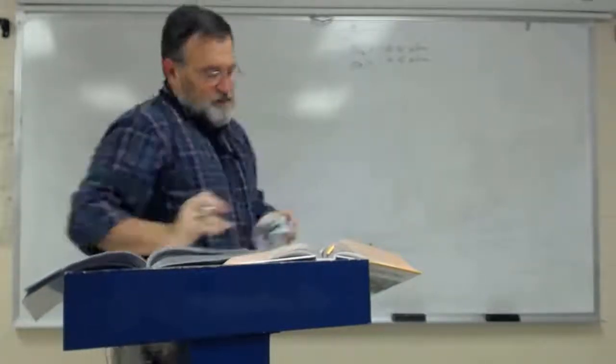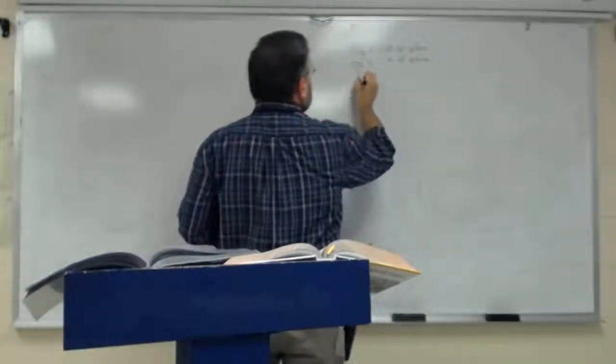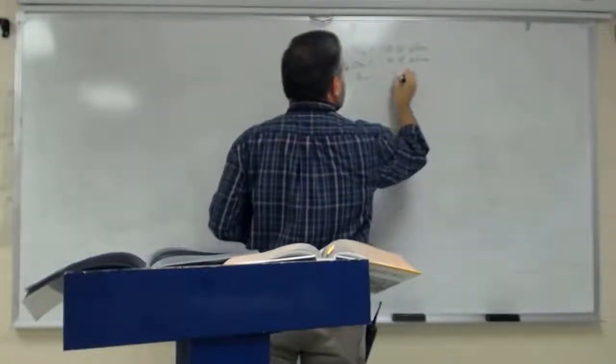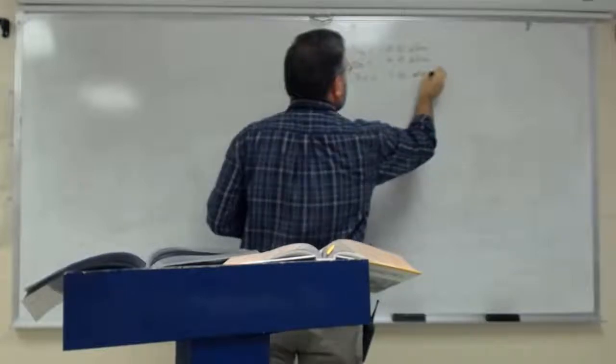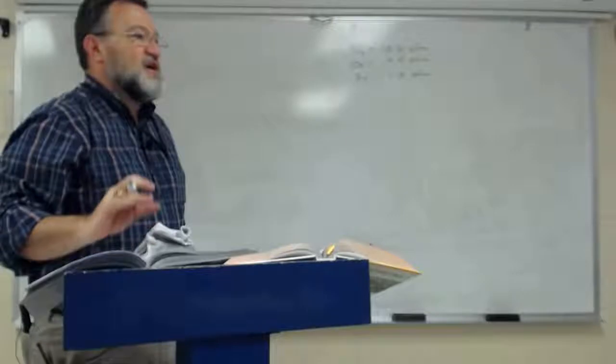And 1 atmosphere of argon. Actually, they take it out to 2 places. I'll fix that in a minute. What's the total pressure in the vessel and the mole fraction of each gas?